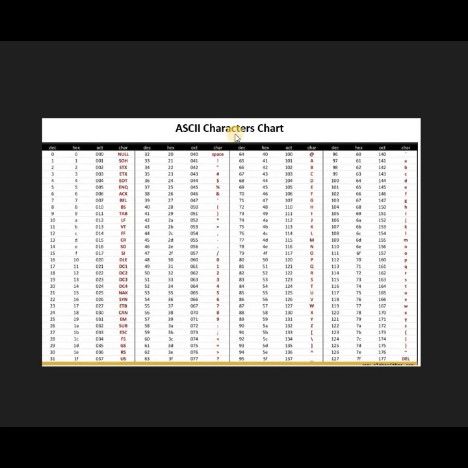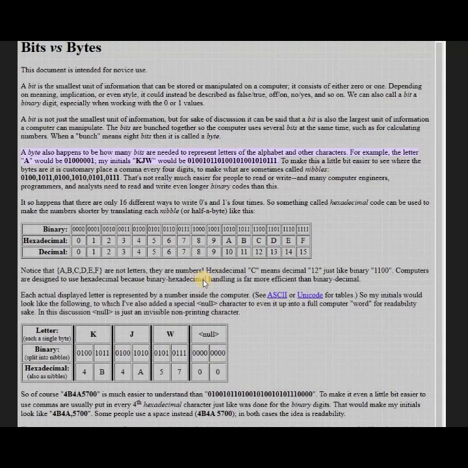This is an ASCII characters chart. Let's take the letter K, for example, and it relates to a hexadecimal 4B. Well, that in turn relates back to the binary equivalent that's actually stored on a hard drive.